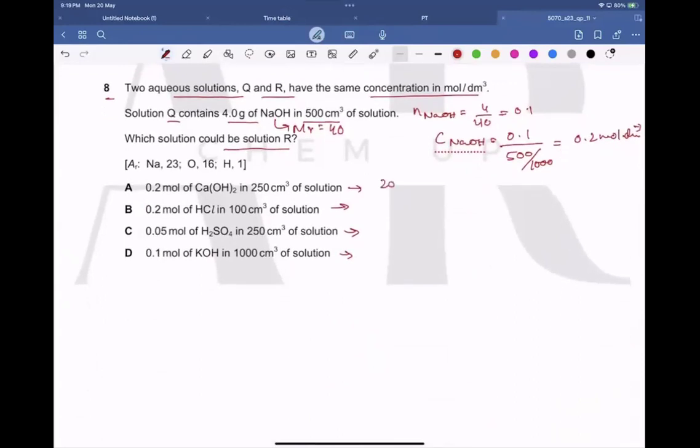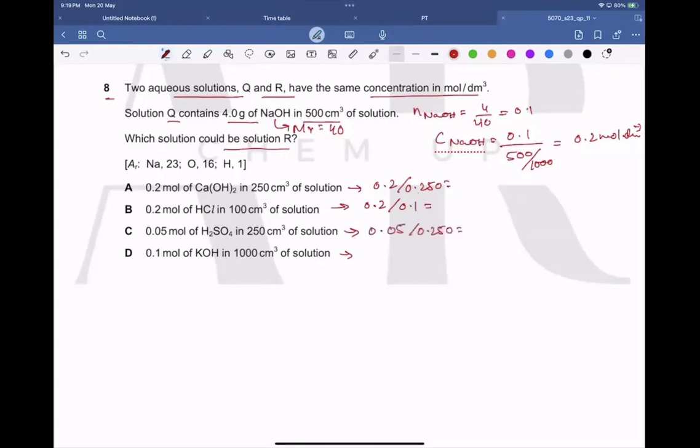Here, if you see 0.2 divided by 0.250, can anyone tell me the answer? 0.2 divided by 0.1, 0.05 divided by 0.250, and 0.1 divided by 1. Here I am going to get 0.1 mole per dm3. So it means D is completely wrong.